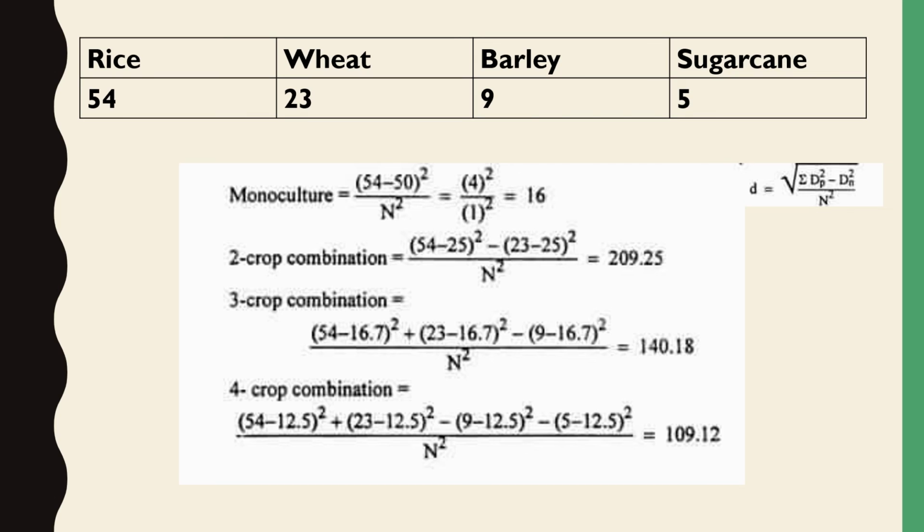So ऐसे करके जो maximum amount of combination का होगा वही होगा उस region का combination. According to this region, 2 crop combination is dominant.